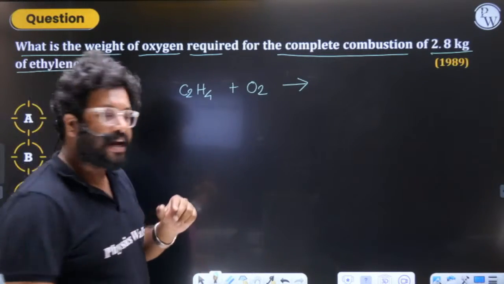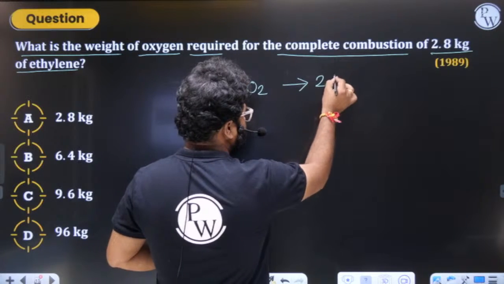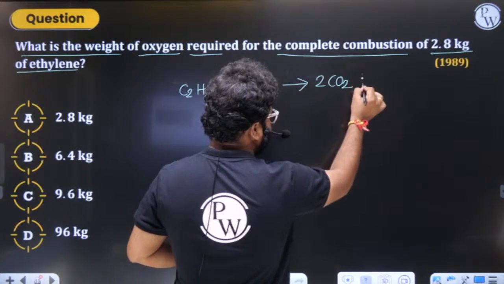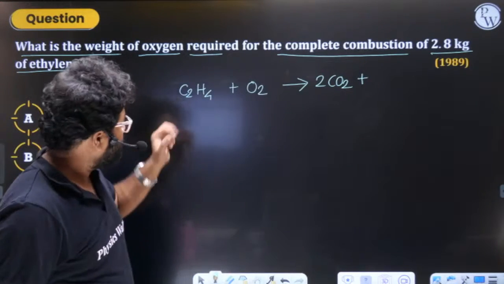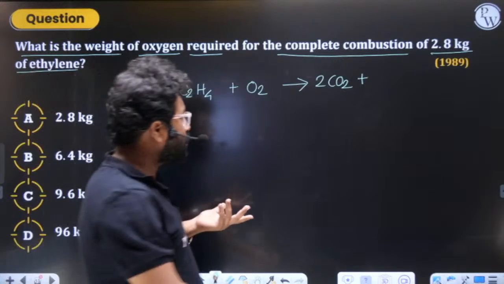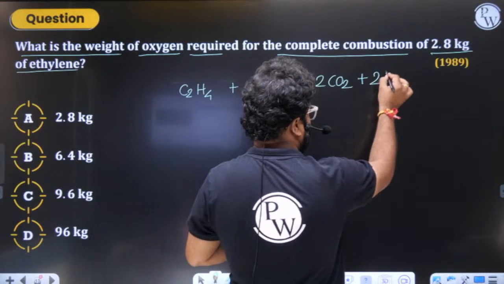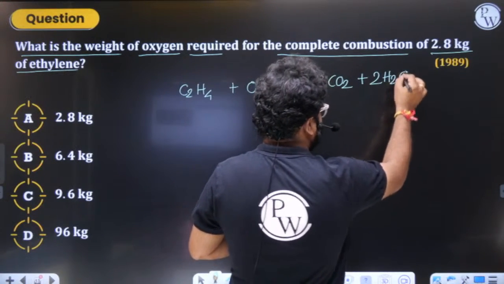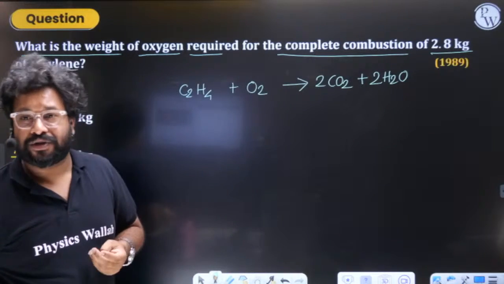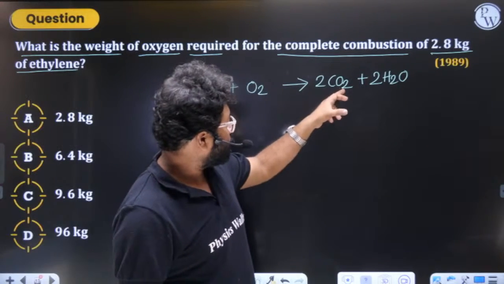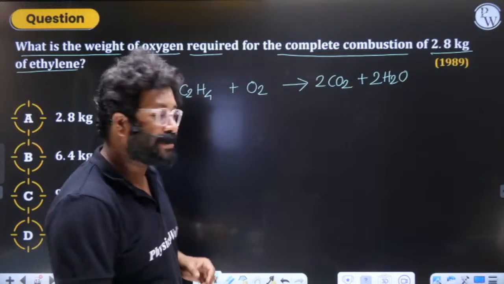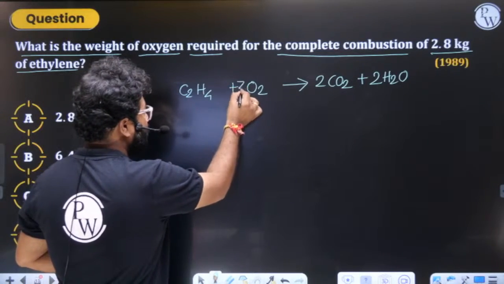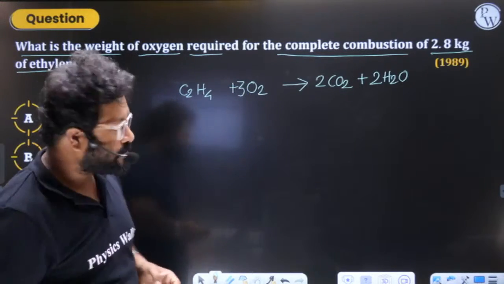So 2 carbon atoms are going to get you 2 moles of carbon dioxide plus 4 hydrogens are going to get you 2H2O. Right? So just look at how many oxygen atoms do we need here. 2 into 2, 4. 4 plus 2, 6. So basically you are going to need 3 moles of oxygen there.